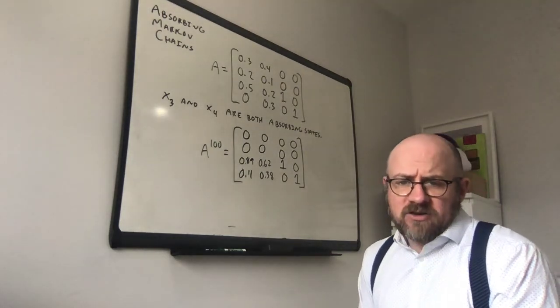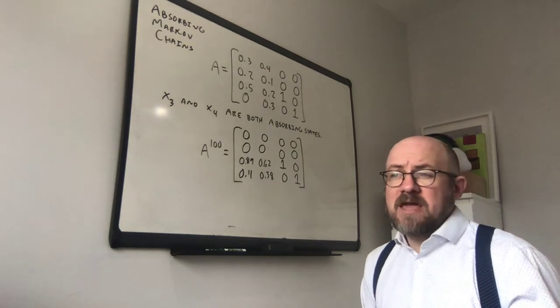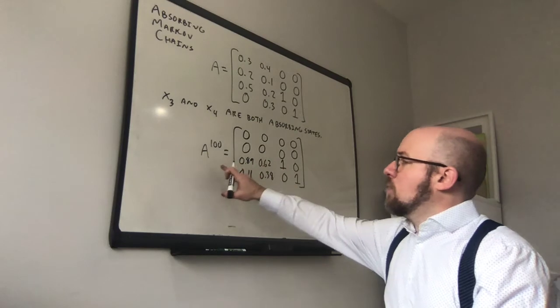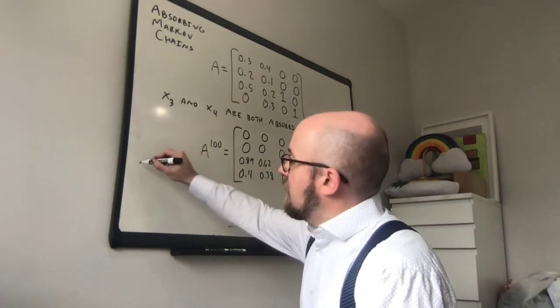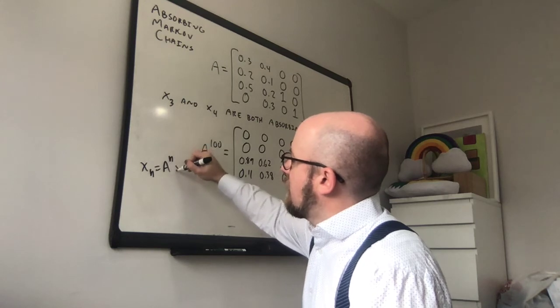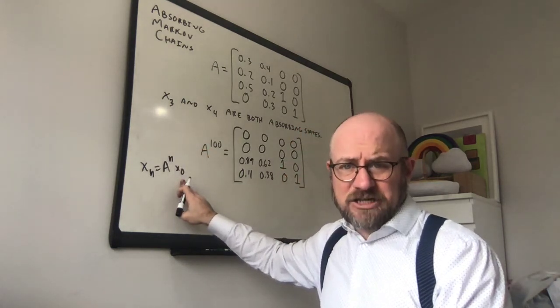The way that we interpret this is to think about this steady state matrix being applied to your initial values. Remember our model was that x sub n was A to the n times x sub 0, our initial conditions.